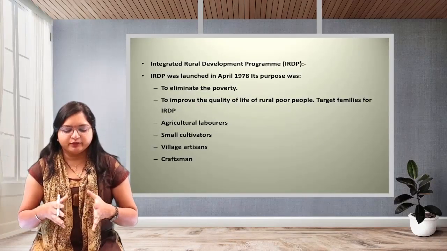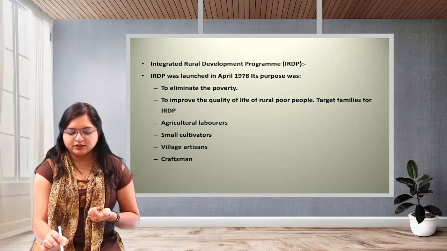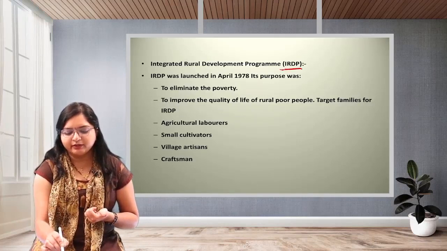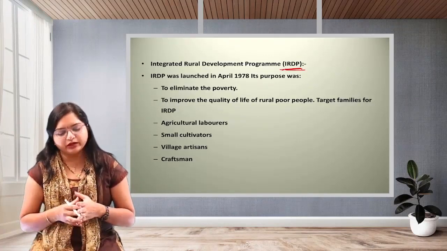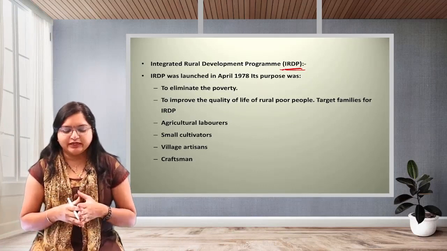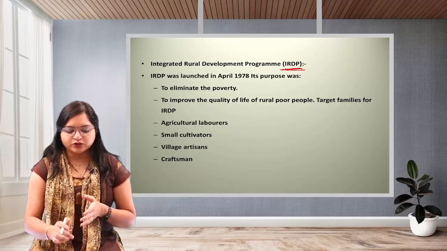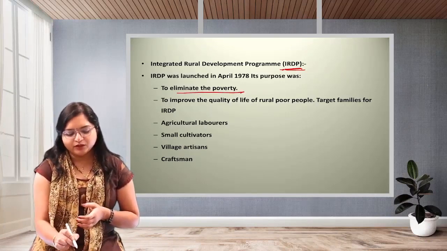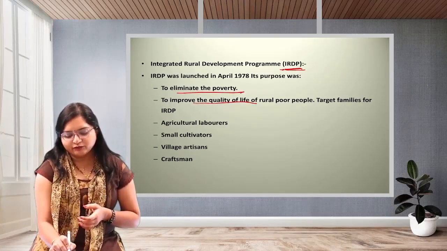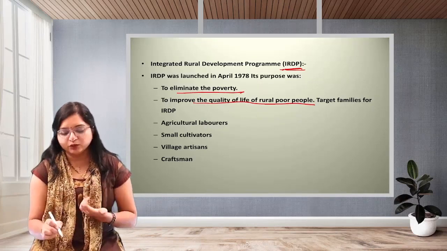Integrated Rural Development Program. This we have already seen in the key terms, IRDP. It was launched in April 1978 and its purpose was to eliminate poverty and to improve the quality of life of rural people who are poor.